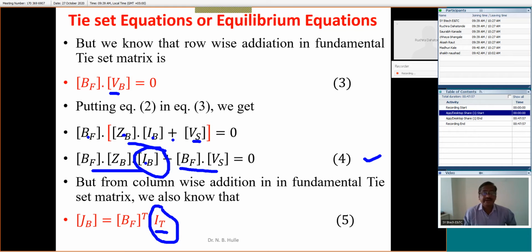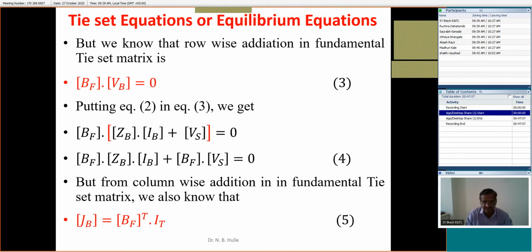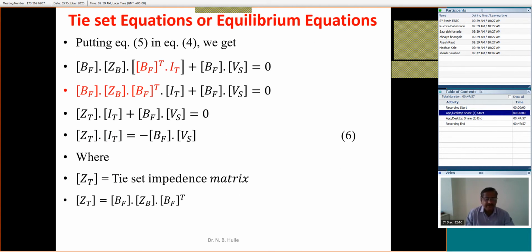BF into ZB into IB, and in place of IB, we put BF transpose into IT, plus BF into VS. We simplify this complete equation.